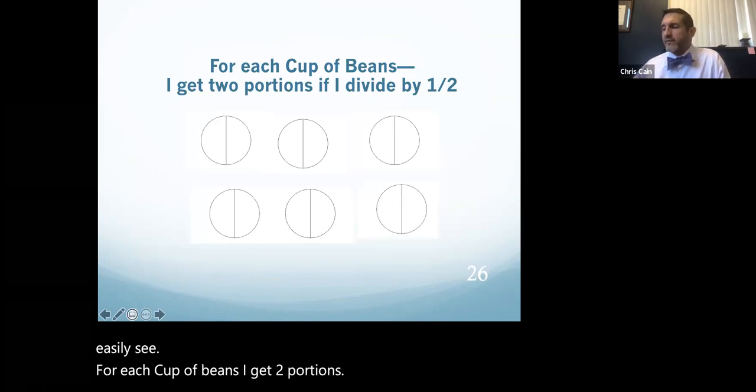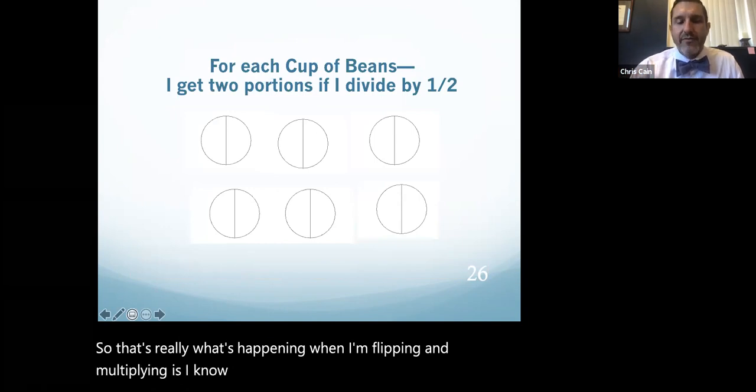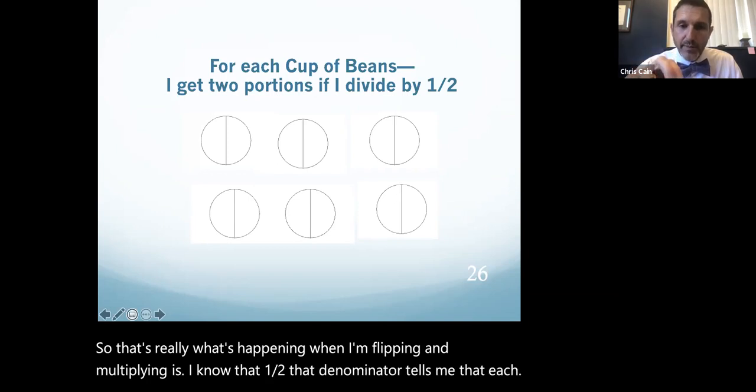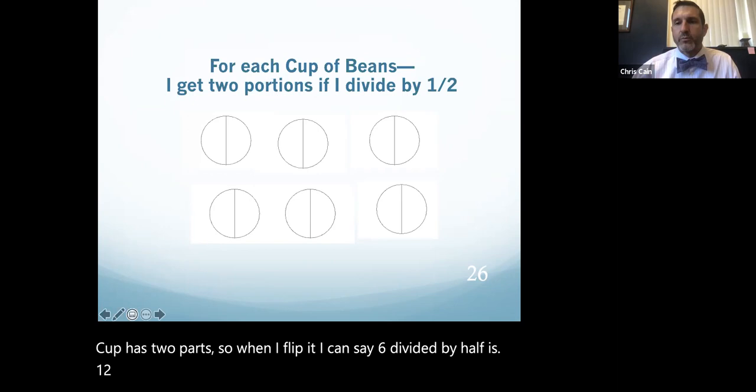So that's really what's happening when I'm flipping and multiplying. I know that 1/2, that denominator, tells me that each cup has 2 parts. So when I flip it, I can say 6 divided by 1/2 is 12 because each one of the 6 has 2 parts.